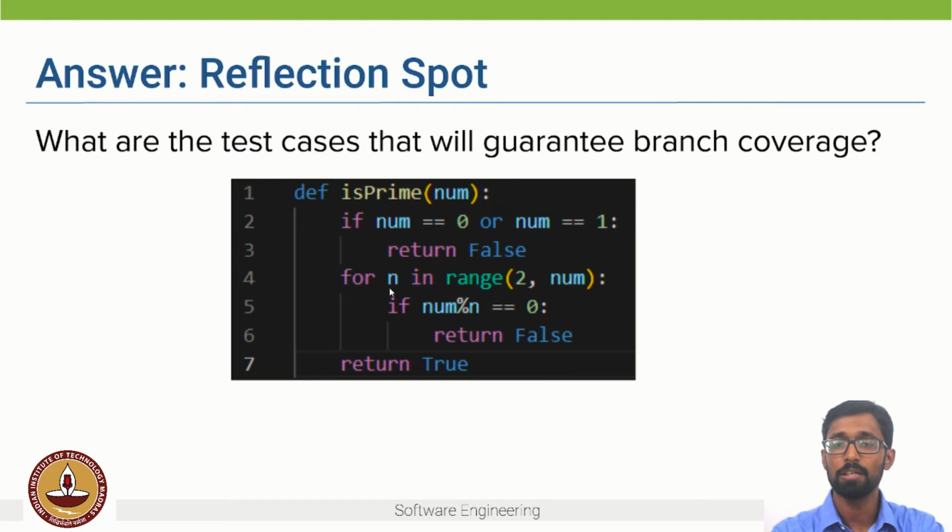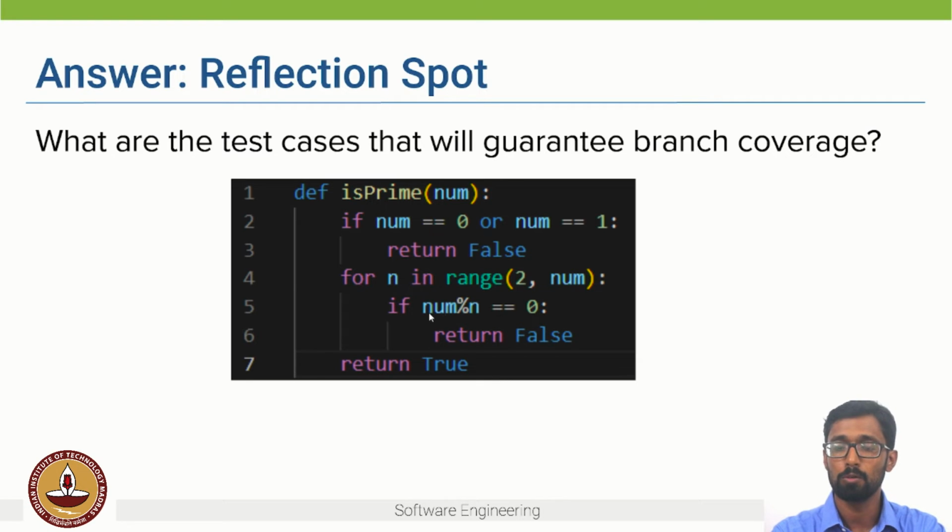Now here, we have to check if num mod n is equal to 0. This should evaluate to true or it should evaluate to false. Sorry, if this evaluates to true, that means the number is not prime.